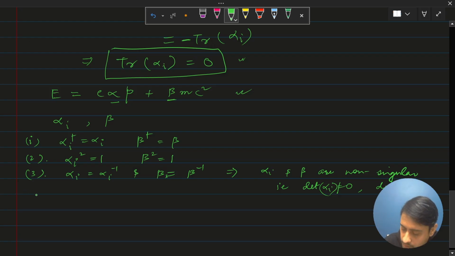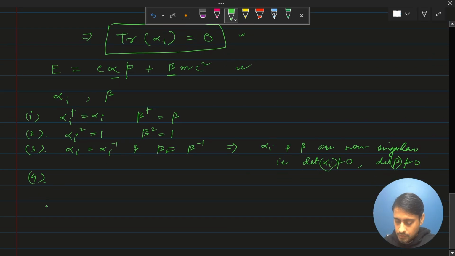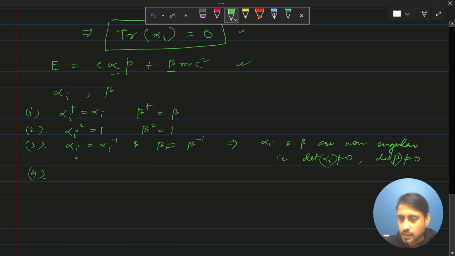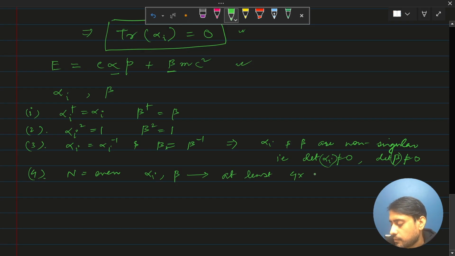And in the fourth condition we have that n is even. That means the order of these matrices alpha and beta should be at least 4 by 4, not less than that.